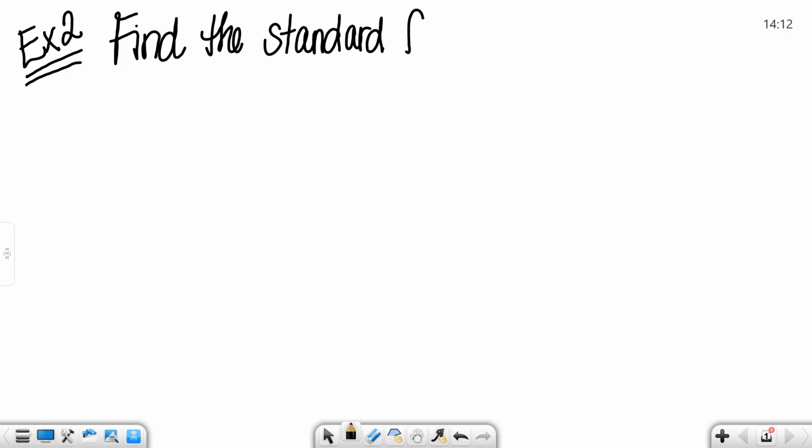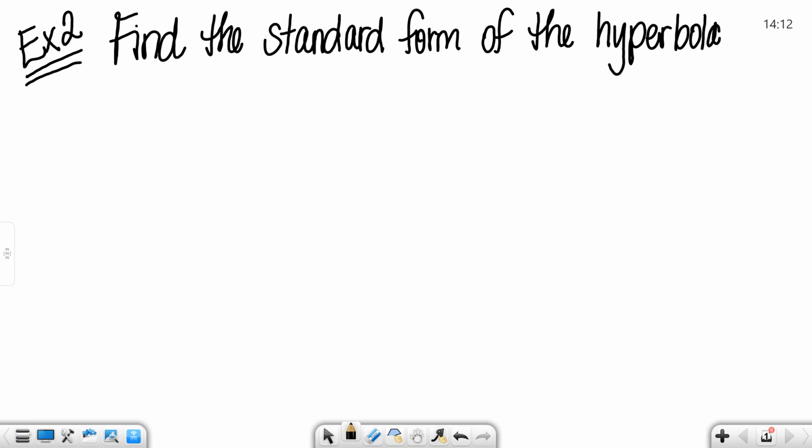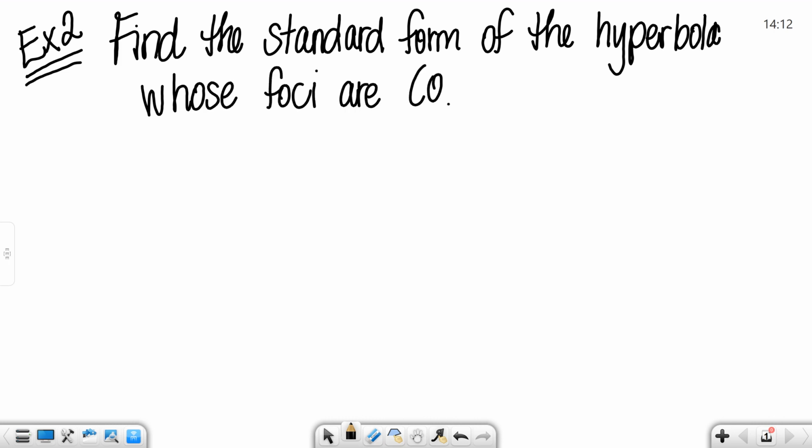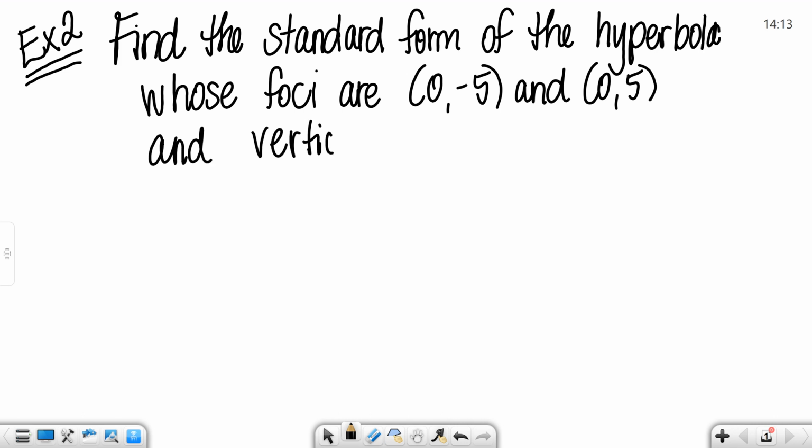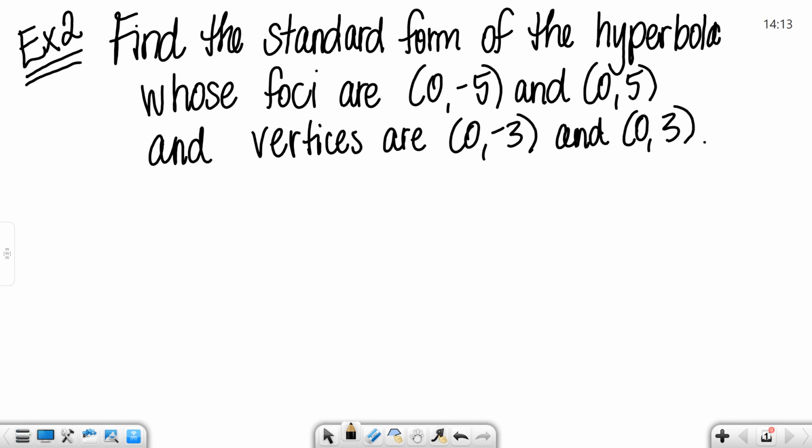Let's change up the question a little bit. Find the standard form of the hyperbola whose foci are (0, -5) and (0, 5), and vertices are (0, -3) and (0, 3).